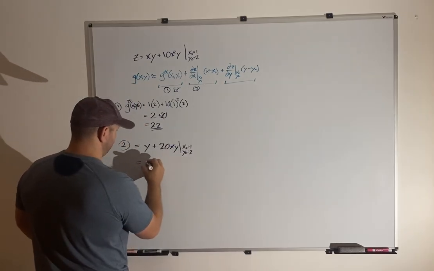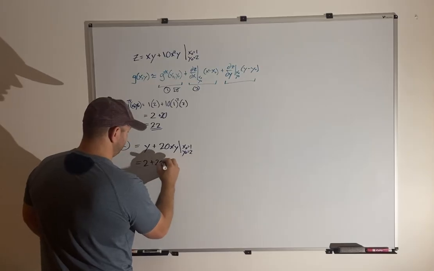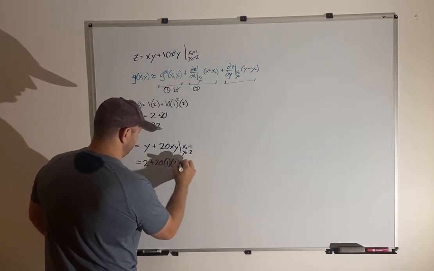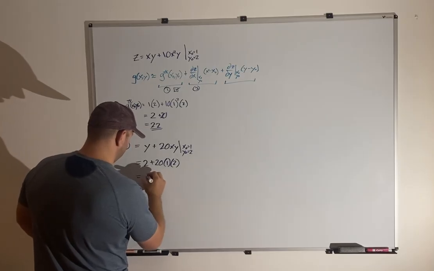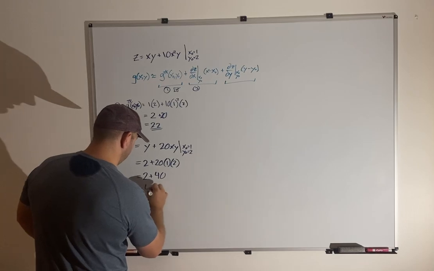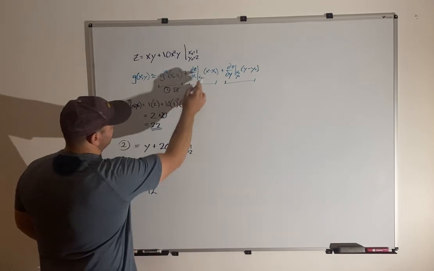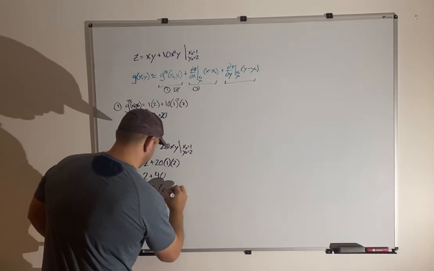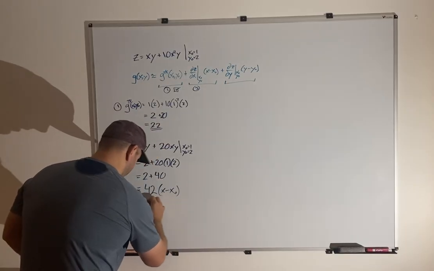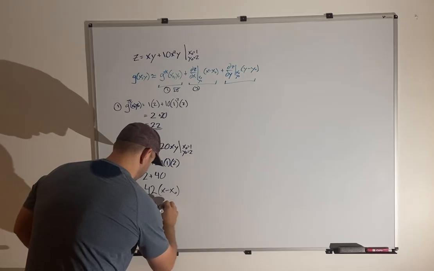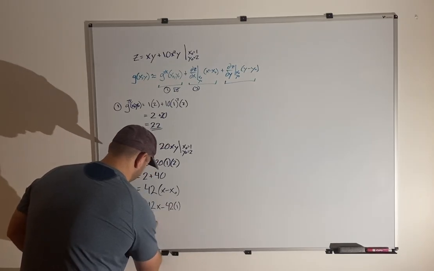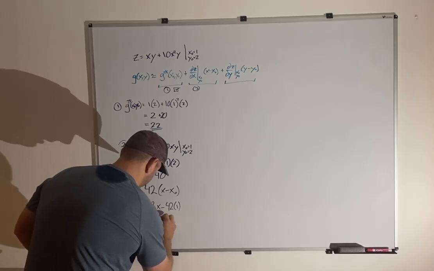So 2 plus 20 times 1 times 2 is equal to 2 plus 40 is equal to 42. We're not done yet. Now we multiply by x minus x0, which leaves us with 42x minus 42 times 1, which leaves us with 42x minus 42.